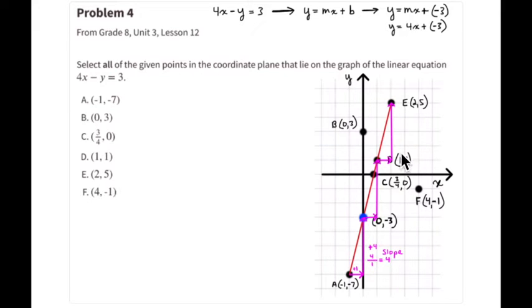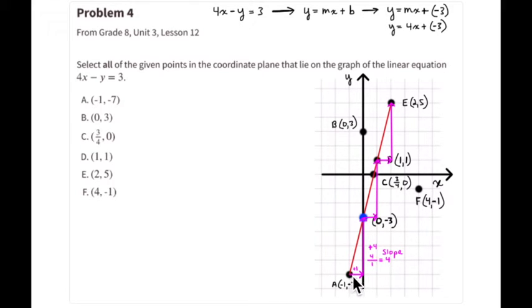Well, the slope is how much vertical change there is compared to horizontal change. In other words, for every unit that this changes in the horizontal direction, how many units change in the vertical direction? So that's the change in y divided by the change in x. In this case, it's 4 units in the y direction divided by 1 unit in the x direction. So 4 divided by 1 is 4.